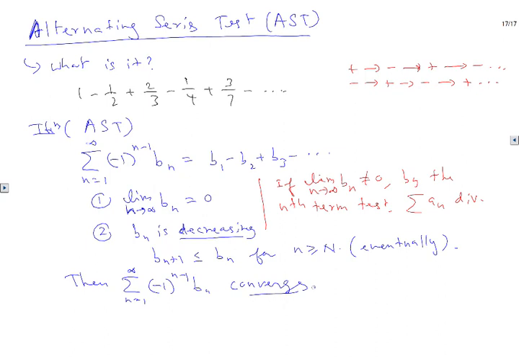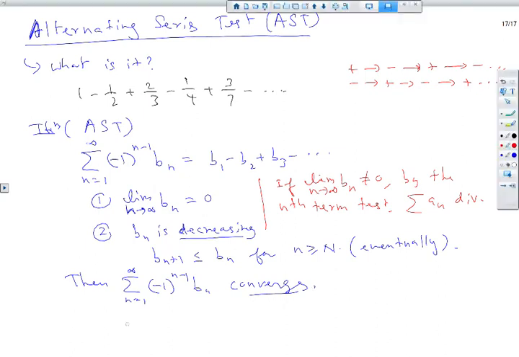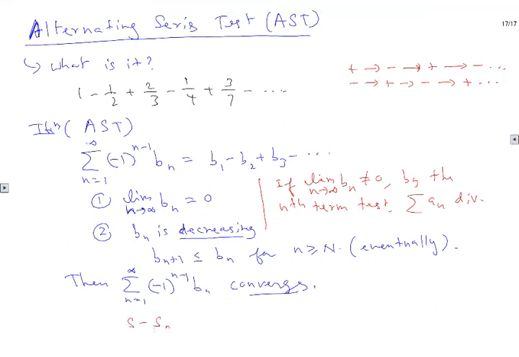We also know the error. If you try to approximate the sum by the nth partial sum S_n, the absolute error is less than or equal to b_(n+1).